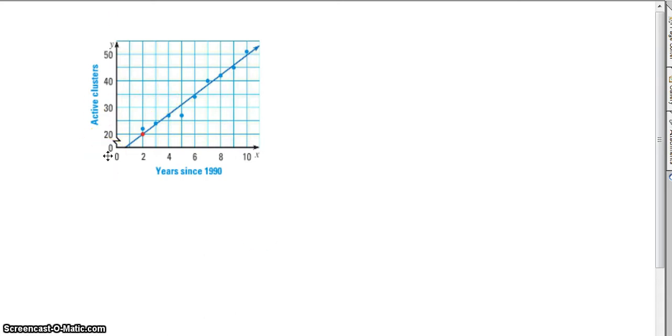So the table shows the number of active red-cockaded woodpecker clusters in a part of a forest in Mississippi. So look at, over the years, what's happening? They've taken some samples of the population of this type of bird, right? And they've plotted these points.